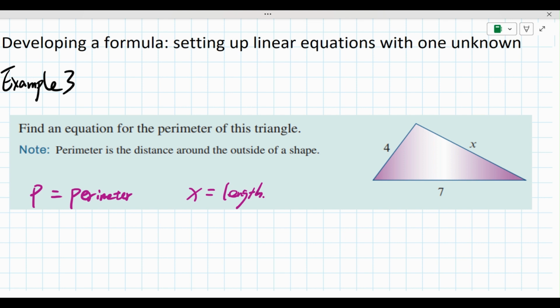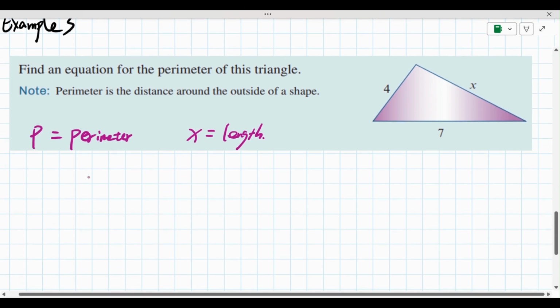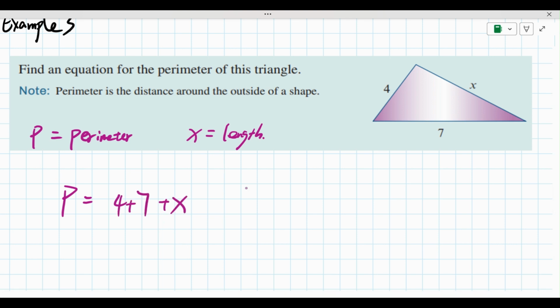And with this shape, p equals 4 plus 7 plus x, because we need to find the perimeter. So p equals 11 plus x. So this is how that works.